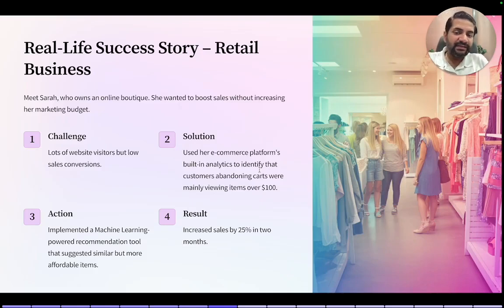And this resulted in increased sales by 25% in 2 months. Now if you are using platforms like Shopify for your e-commerce store, you will find these recommendation tools, which are machine learning tools that apply all the machine learning logic, take all the data that you have, and do the predictions accordingly.